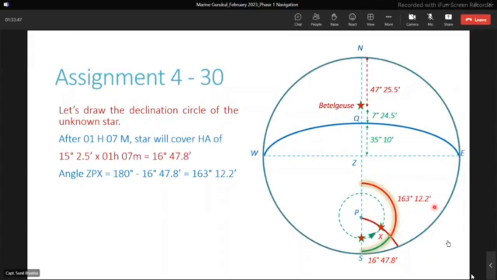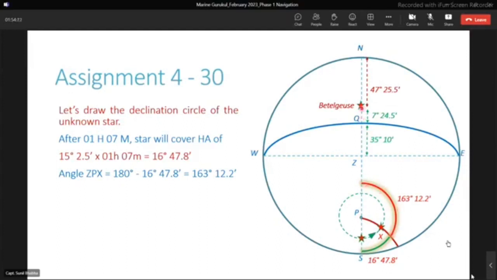Now if you look carefully in the diagram, this is the pole and this is star Betelgeuse. This is the celestial meridian of star Betelgeuse. PZQN is the celestial meridian of star Betelgeuse. And the celestial meridian of the unknown star is PX. Now if you look carefully, this unknown star is 163 degrees 12.2 minutes east of Betelgeuse.